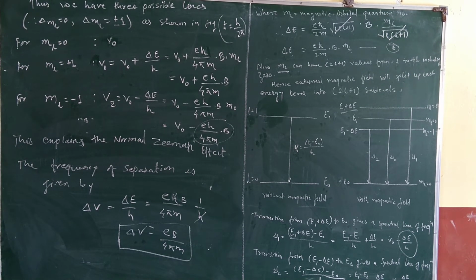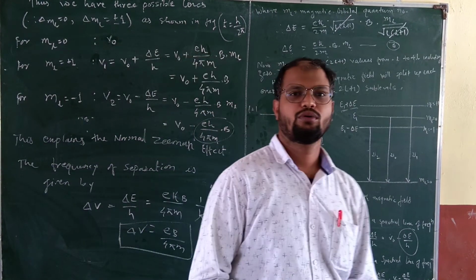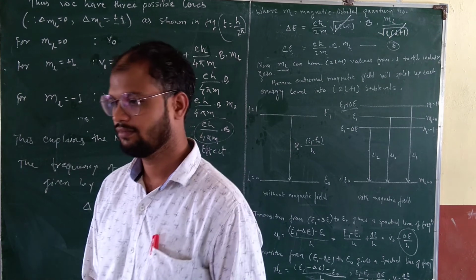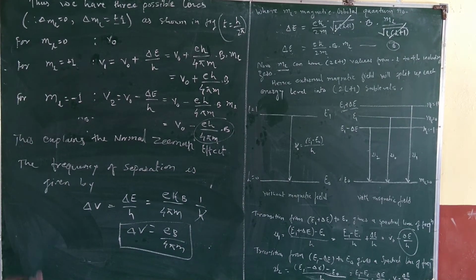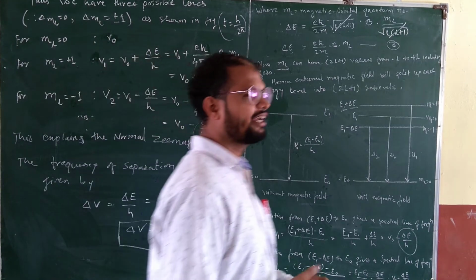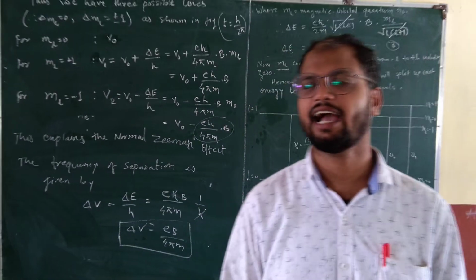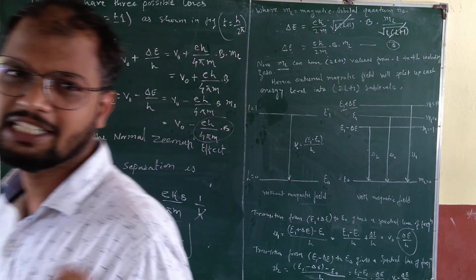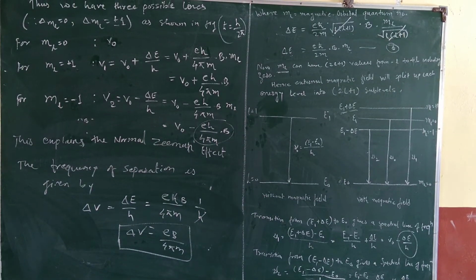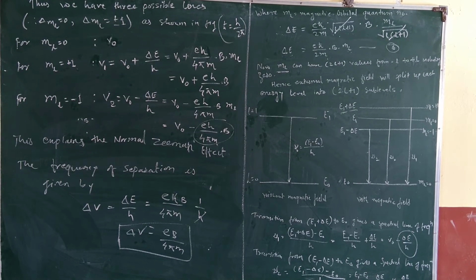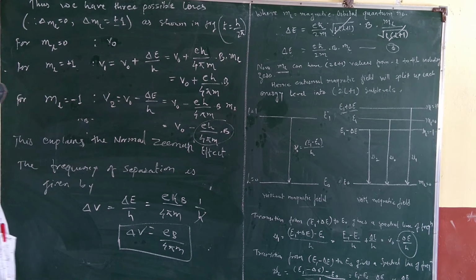Then when we apply the magnetic field, L precesses around the field direction. This precession is known as Larmor precession, and it is given by omega L is equal to eB upon twice m. Then due to this precession, the kinetic energy increases, and the increased kinetic energy is represented by del E. del E is equal to mu L into B cos theta.